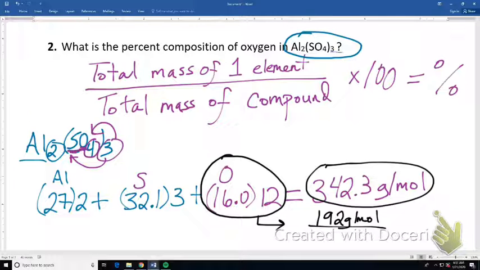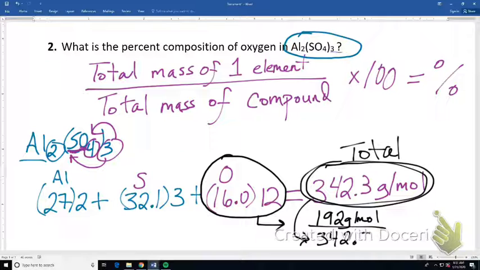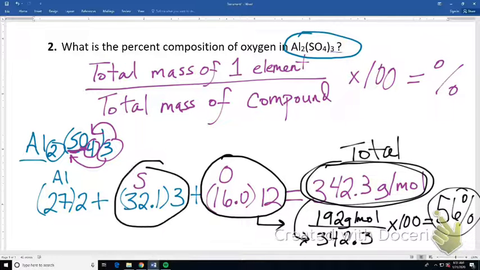And then I'm going to put the total mass below, 342.3. And I'll multiply this by 100. And I roughly get about 56%. That's my final answer. There's 56% of oxygen. If I needed the other elements, I would just put these instead. But that's how you do it if you just need one element.